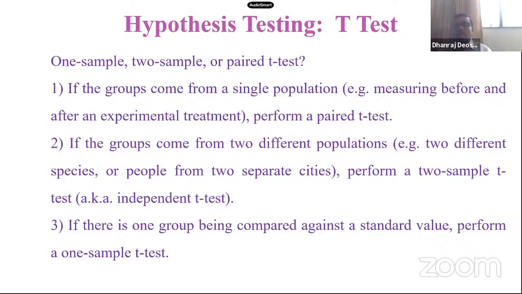From that population, you take one sample, and the mean of that sample is compared with the population mean, hypothetical mean, or standard value of the population. That is called a one sample test. Okay. Next one.